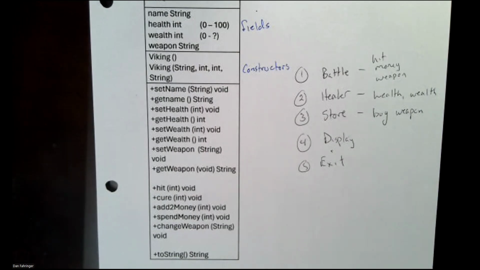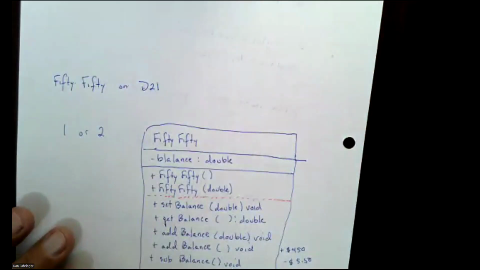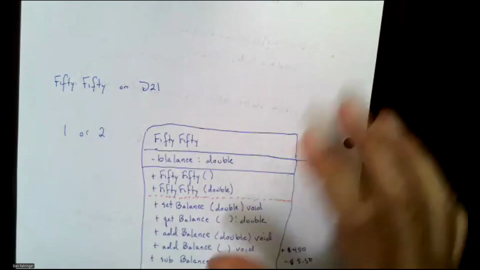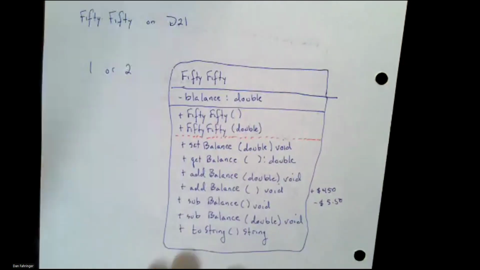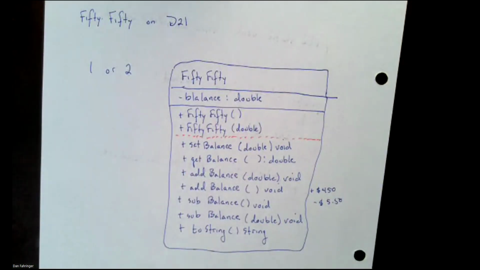Okay. So what are we going to do today? It's right here in front of me, and it's sloppy, but we are going to play the game of 50-50, and I am giving you the UML chart.